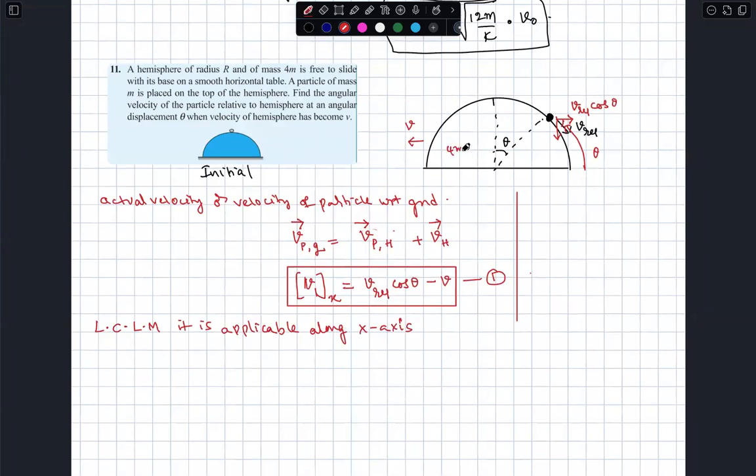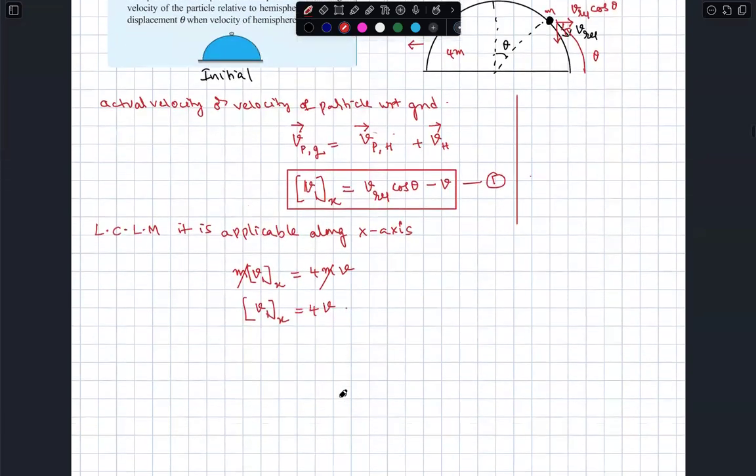This is of mass 4m and this is of mass m. So apply m times V1x equals 4m times V. So I have the data V1x is 4V. This is also an important data for me. You know why? I will explain.